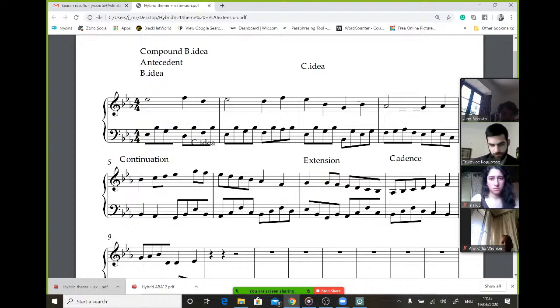That's why the compound basic idea is not the easiest phrase structure, because harmony actually is a very important variable when you compose music. So if you have to freeze that and you can't use it to contrast, it makes the job more difficult, to make a contrasting idea effectively contrasting.